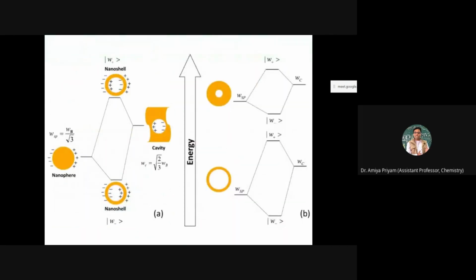In the nanoshell symmetric mode, both the outer dipole and the inner dipole are in phase. This is symmetric because both dipoles are in the same phase.